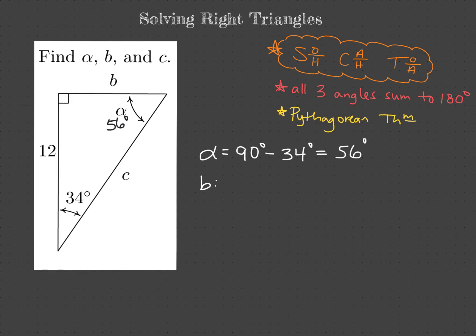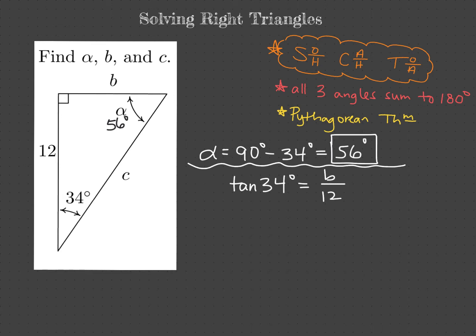We set it up like this. We say that the tangent of our angle, 34 degrees, equals O over A, opposite over adjacent. So B over 12. Now from here, we can multiply both sides by 12 to solve for B, or what I prefer is to put this over 1 and then to cross multiply.